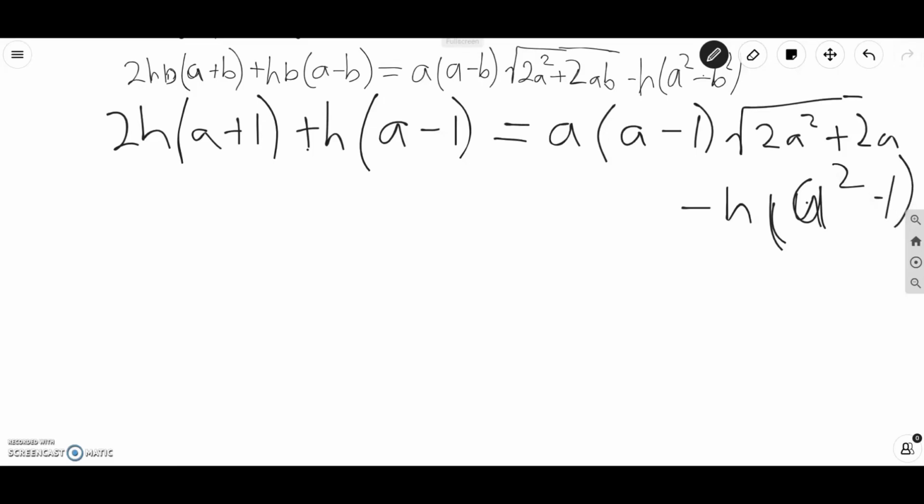And we note that we have a new definition for h, which would be the square root of a squared minus 1.